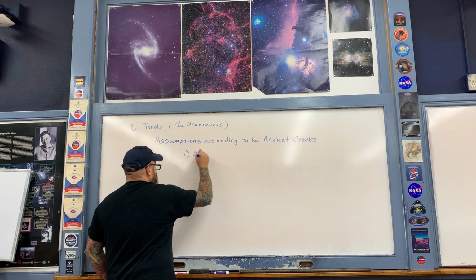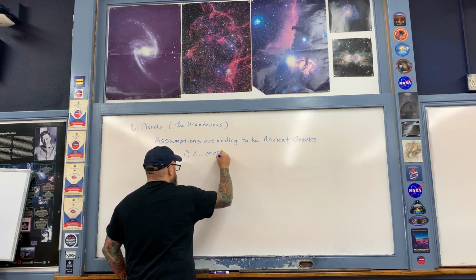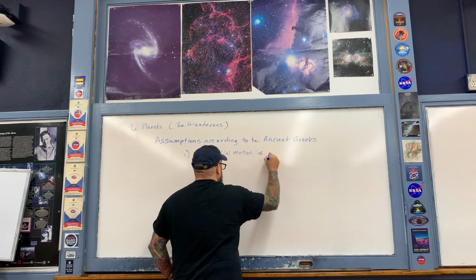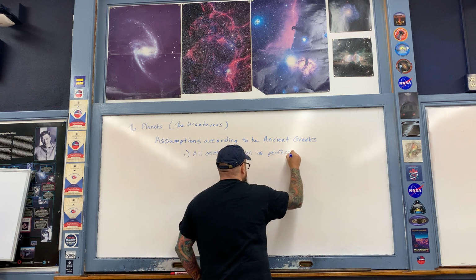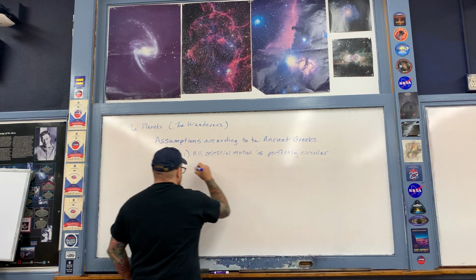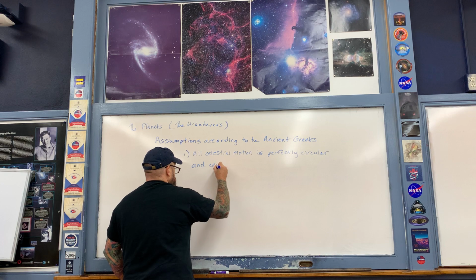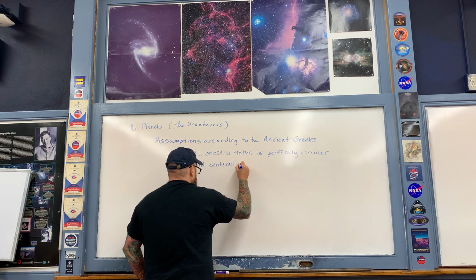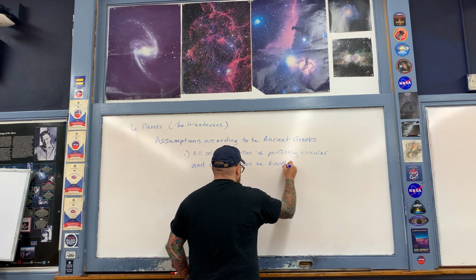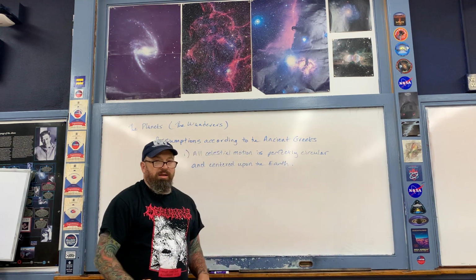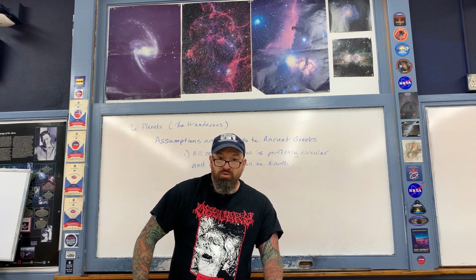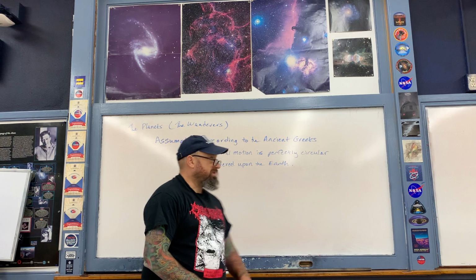First of all, one, all celestial motion is perfectly circular and centered upon the Earth. Okay, and then secondly, the closer an object is to us, the faster it moves against the distant background stars.